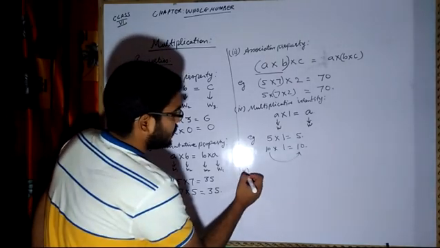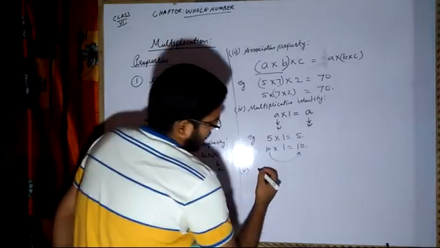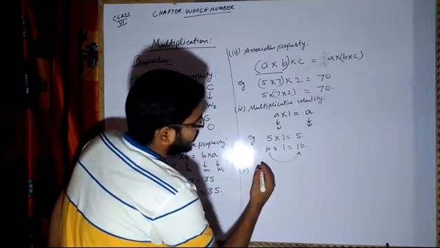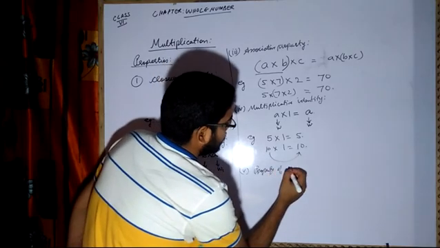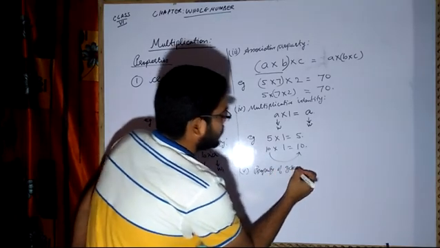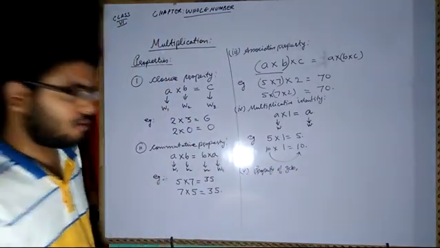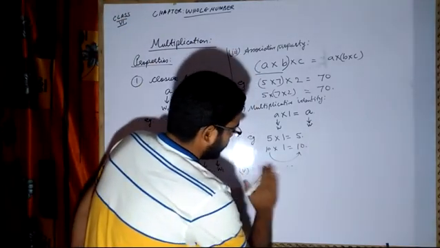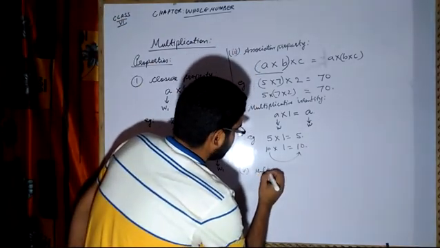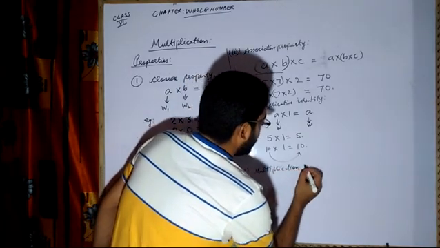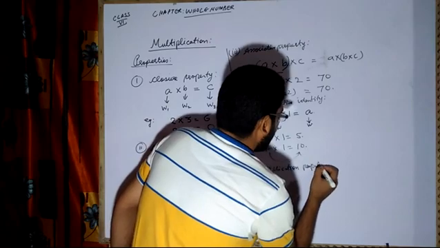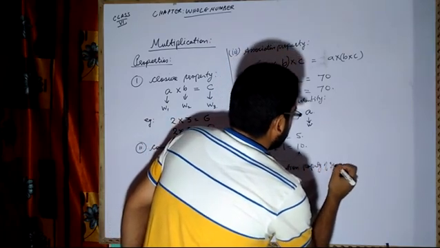Now the fifth property that we have is the multiplication property of 0. What is it?